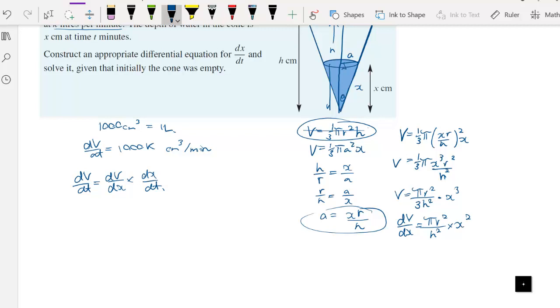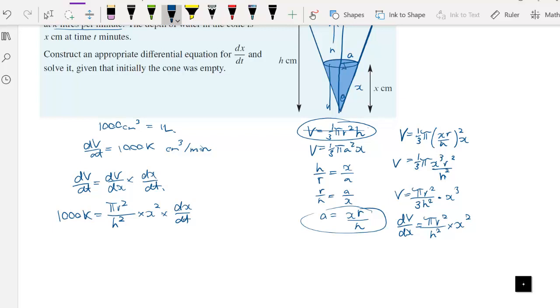Alright, so now if we put this in, we have dV/dt, which is equal to 1000k, dV/dx, which is pi r squared on h squared multiplied by x squared, and dx/dt is what we're trying to isolate.